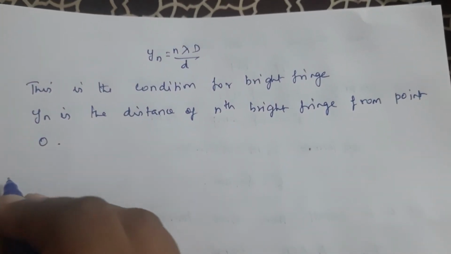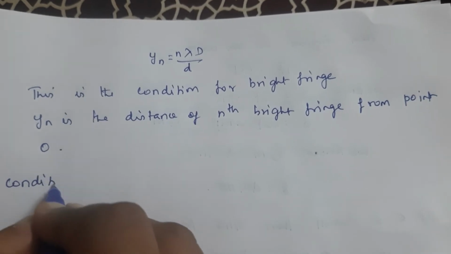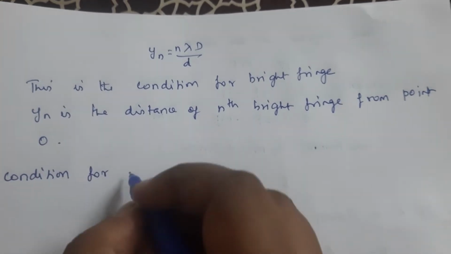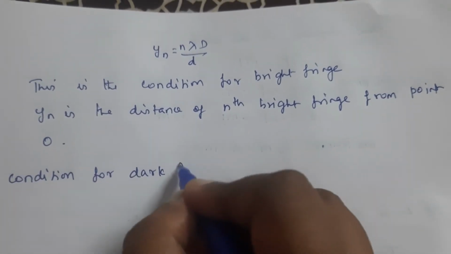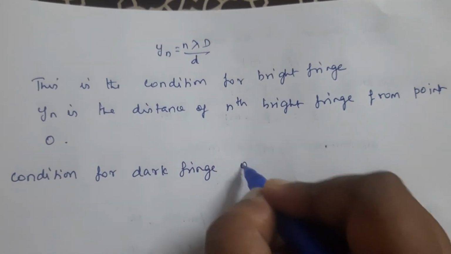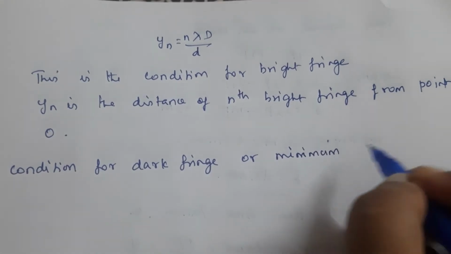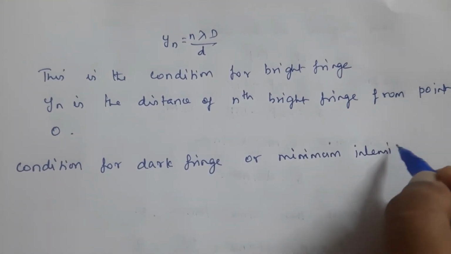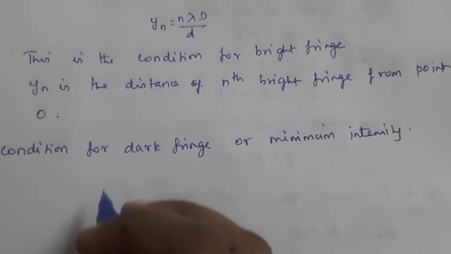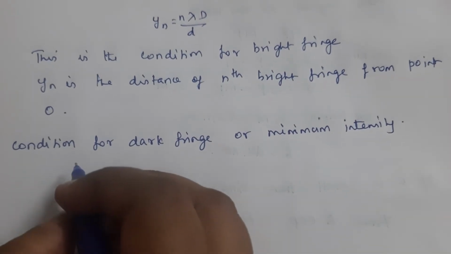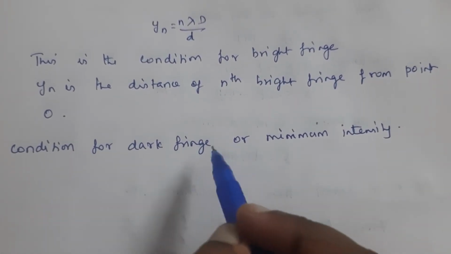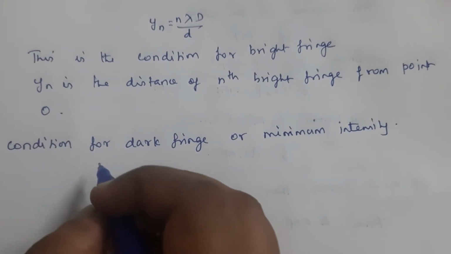Now we'll go for the condition for dark fringe or minimum intensity. What is the condition for destructive interference? To obtain a dark fringe or minimum intensity, destructive interference should take place.